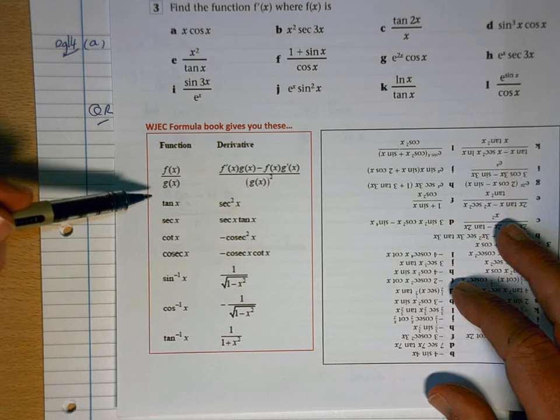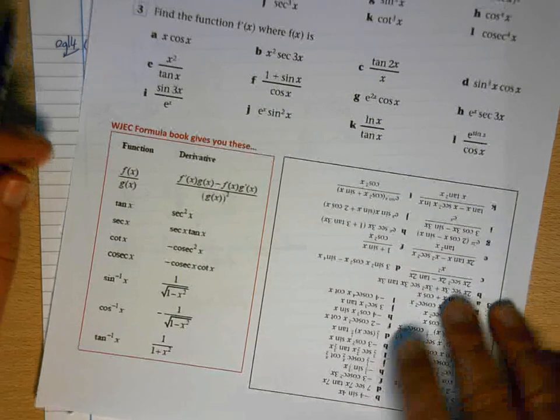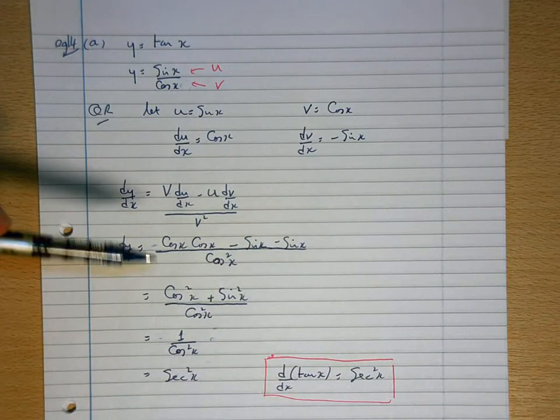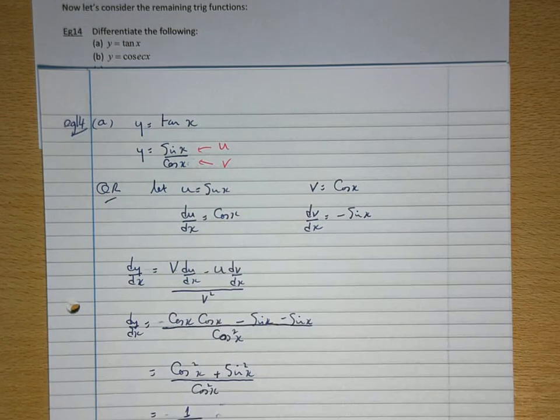But you can see sine and cos aren't provided, so you've got to learn those. So the tan one you are given, but it's useful to know where it comes from. Okay, so that's tan. Next one, cosec.